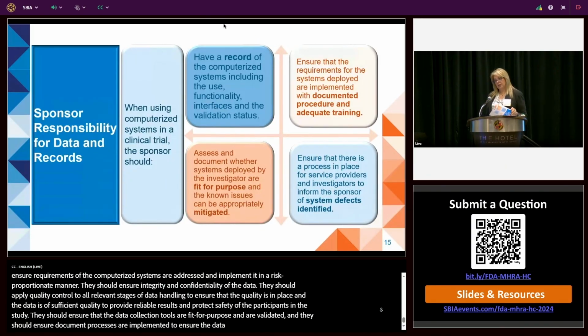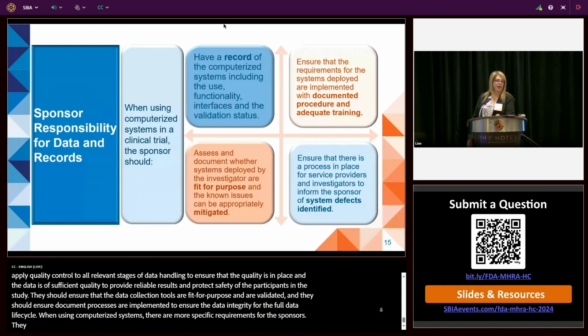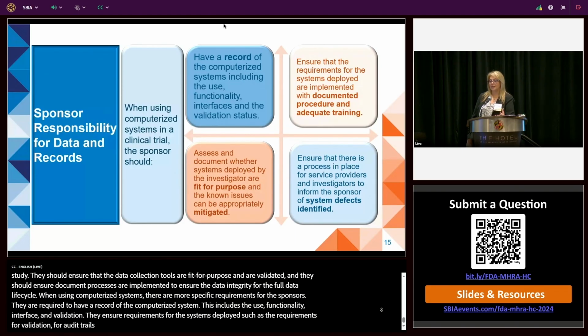When using computerized system, there are more specific requirements for the sponsors. They are required to have a record of the computerized system. This includes the use, functionality, interface, and validation. They ensure requirements for the systems deployed, such as the requirements for validation, for audit trail, for IT security, backup, disaster recovery, user access management.